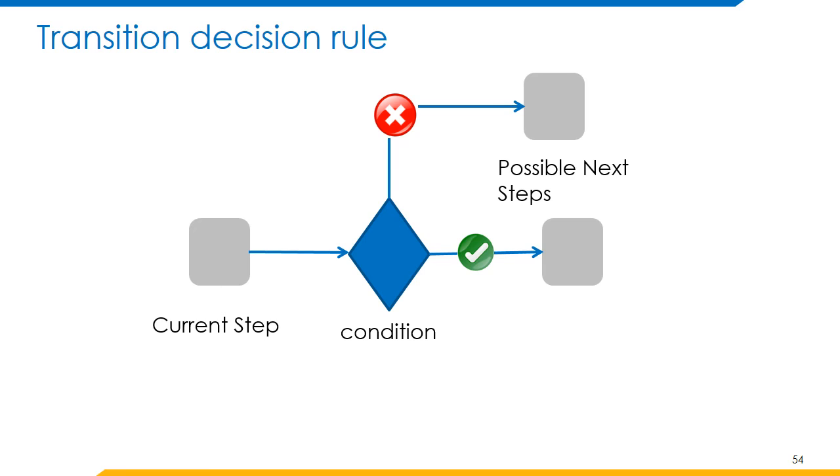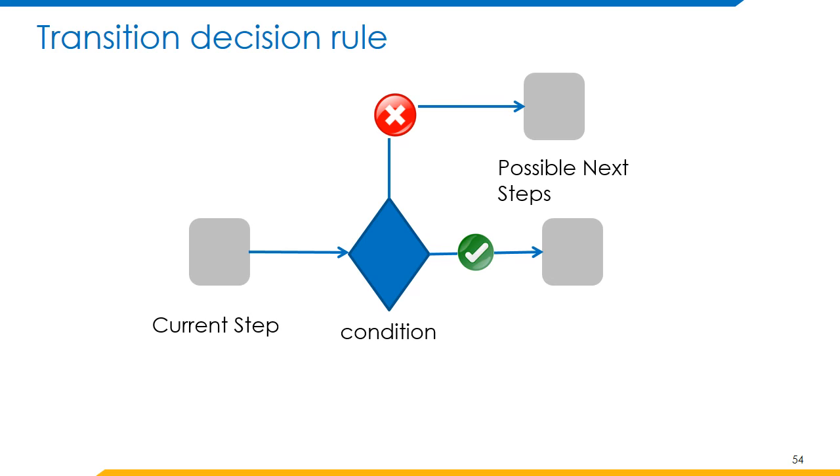The inputs to this rule are workflow, workflow context, handler, which is the handler associated with the current context, current step, and approval or form item in case there are any in the current step.